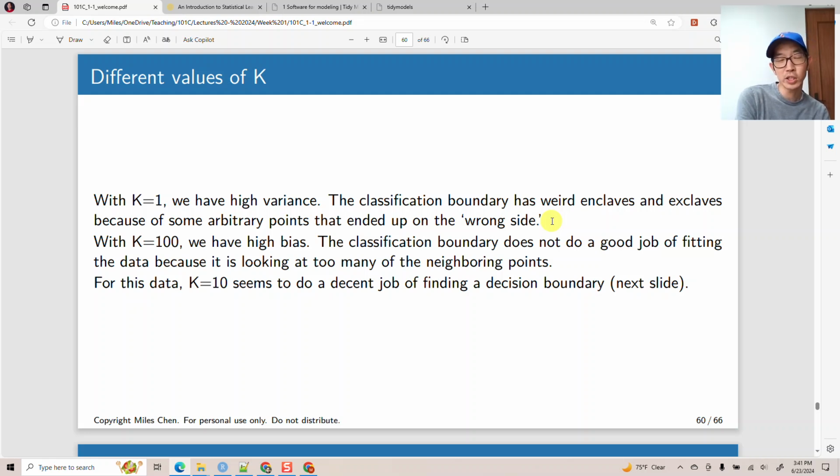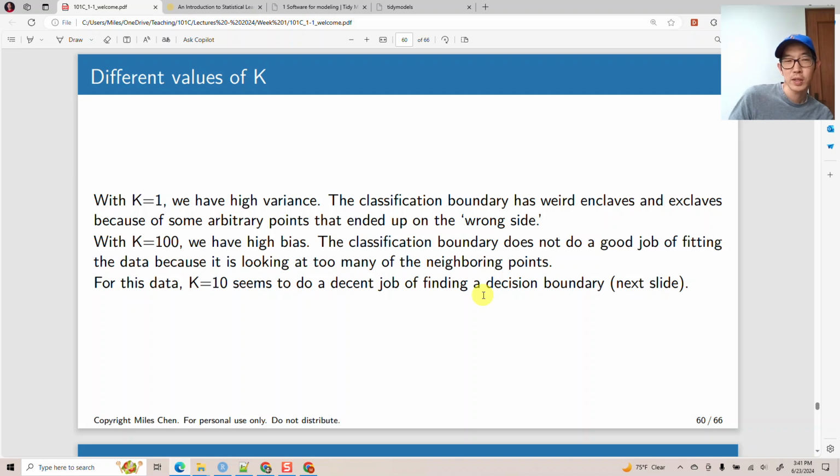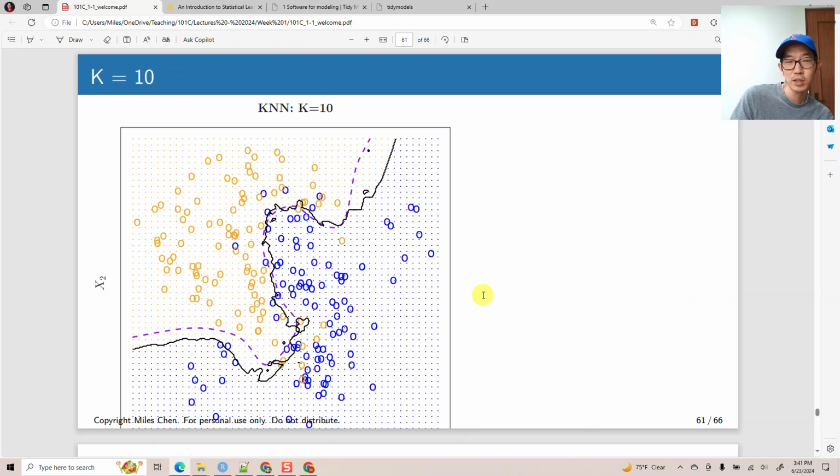With k equal to 100, we have high bias. The classification boundary doesn't do a good job of fitting the data because it's looking at basically too many neighboring points. K equal to 10 is probably going to do the best job. And so you get this boundary, and we can see it does a pretty good job of approximating the true relationship, which is shown in the purple dotted line.